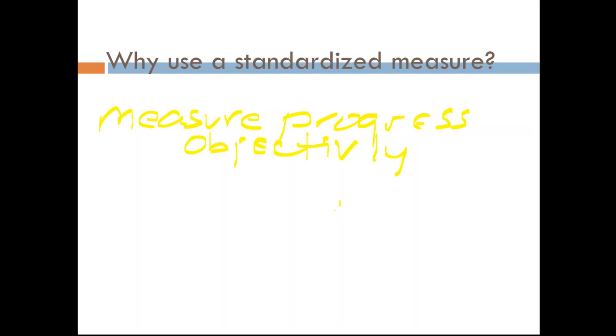Any other reasons why you might want to use a standardized measure? For consistency. Okay, good. Consistency. That's also referred to as inter-rater reliability, right? That's a fancy word for that.